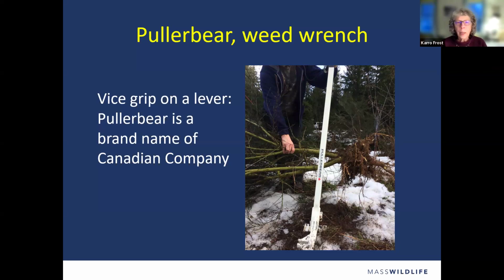Puller Bear is actually the brand name of a Canadian company that makes it. Weed wrench used to be a brand name, but they stopped making that one. But there's a couple of different ones out there that work and do the same thing. Some species come out really easily, some of them don't. But you will definitely need something more than a shovel probably to get out some of the more difficult shrubs.